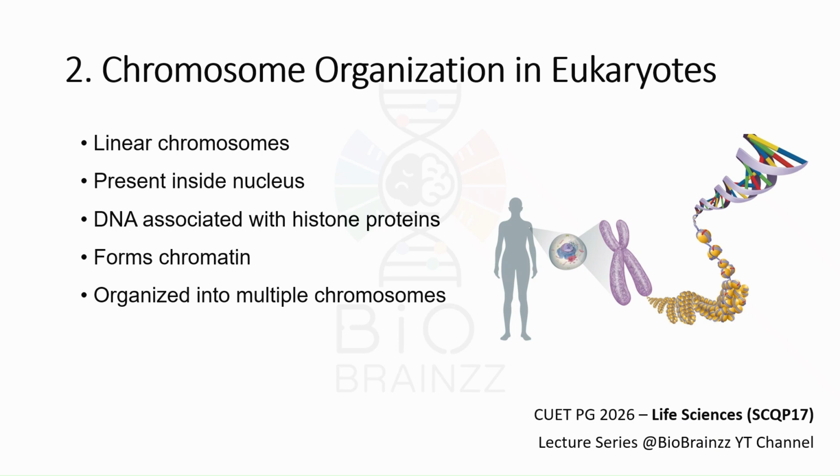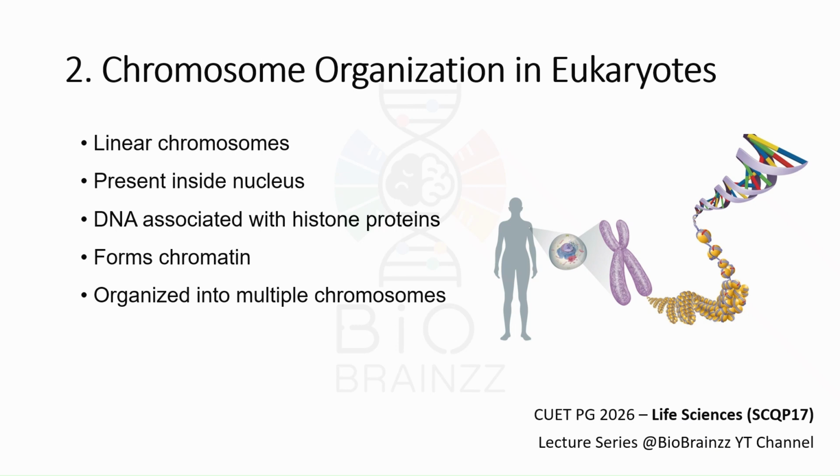Here, the DNA is closely associated with special proteins called histones. DNA wraps around histone octamers to form structures known as nucleosomes, and this DNA protein complex is collectively called chromatin.